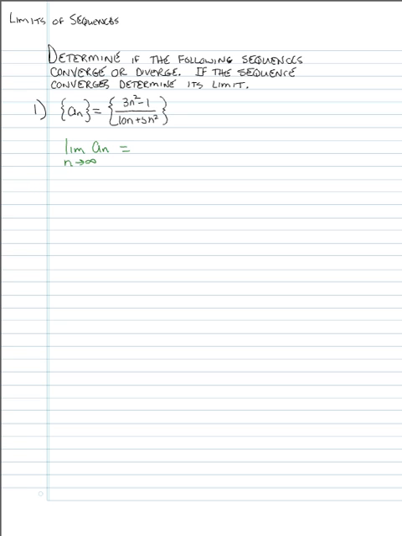And so that's really in this particular sequence, that's finding the limit of the expression 3n squared minus 1 over 10n plus 5n squared as n approaches infinity. Now, a lot of this is just kind of remembering some of our limit techniques.